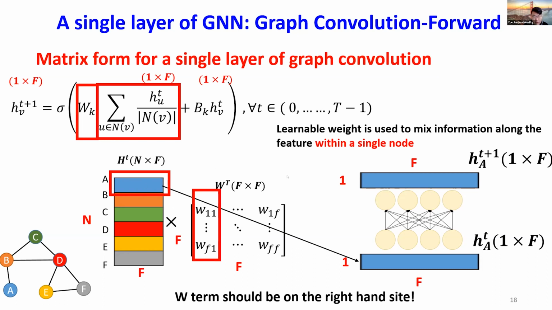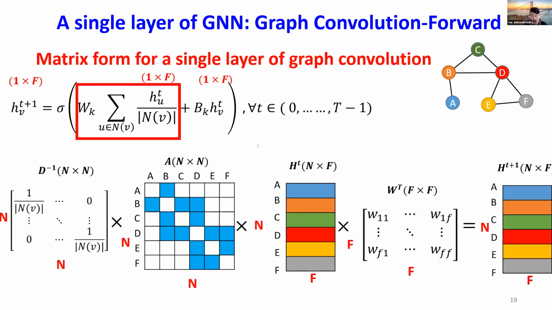So that's why we put the adjacency matrix and the weight matrix separately on the left and right of the node feature matrix. By now, does anyone have questions about the things I discussed before? Okay, then we will move on.